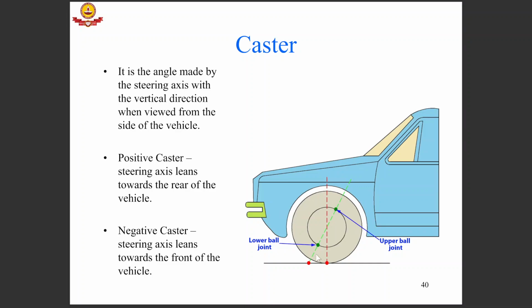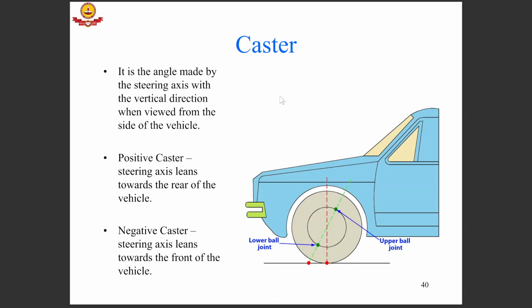Since there is a change of axis and the contact point is different from the point of intersection of the axis, this distance helps in generating a moment called the self-aligning moment, which comes into action the moment you release the steering wheel.